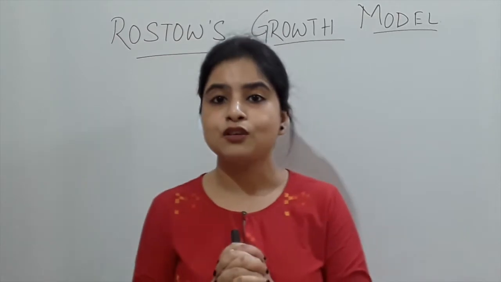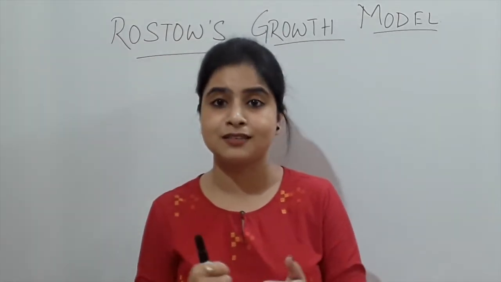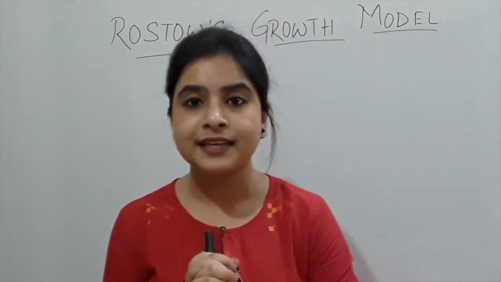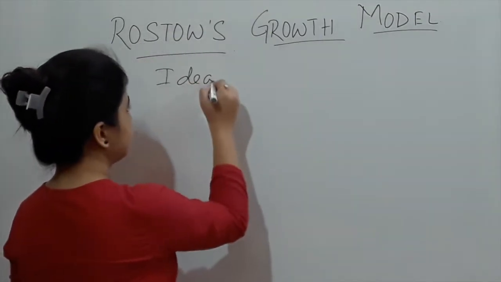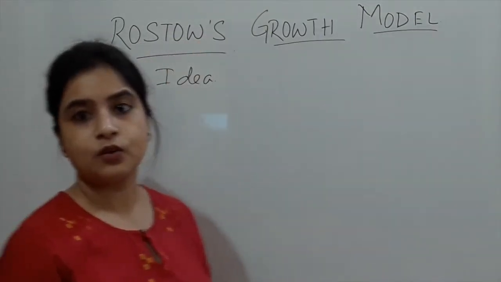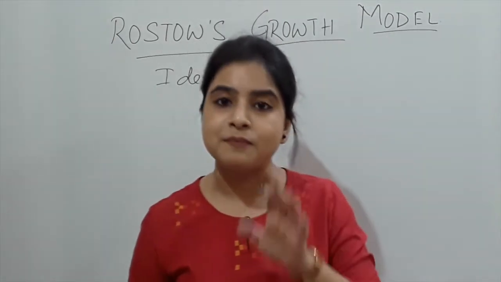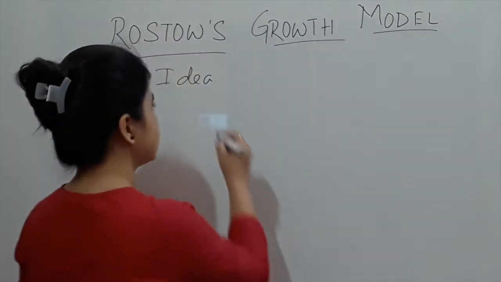Moving on to today's discussion, that is Rostow's growth theory or stages of economic development. Let's begin. The basic idea of this growth theory is mainly based on the key concepts of the Harrod-Domar model.